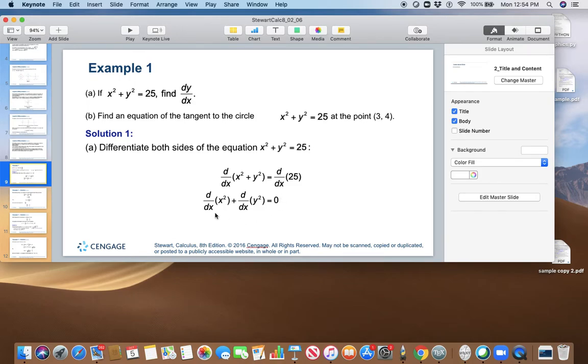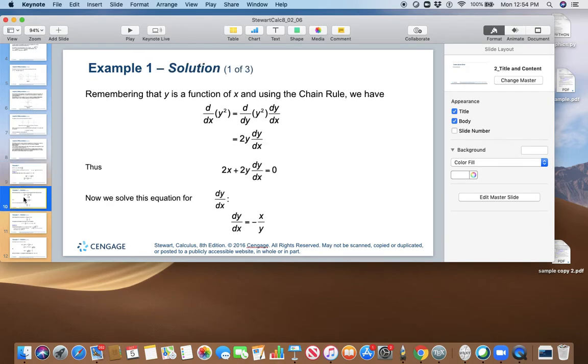Now let's look at these two. Derivative of y squared with respect to x. Well, this is where the chain rule shows up. You are going to take 2 down, reduce the power of y by 1, and because y is different from x, you still need to do dy/dx. So the derivative with respect to x of y squared is 2y dy/dx.